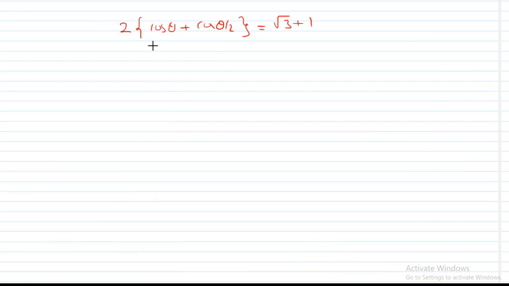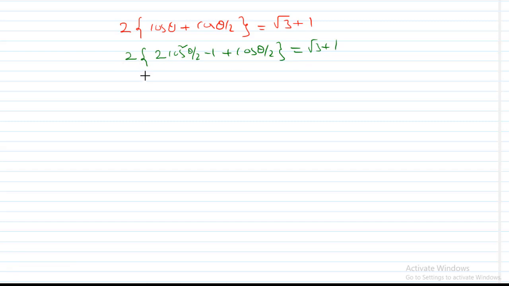Okay students, now I want to convert all in terms of cos theta by 2. Cos 2 theta formula: 2 cos square theta minus 1. Here half angle, so 2 cos square theta by 2 minus 1 plus cos theta by 2 is equal to root 3 plus 1.